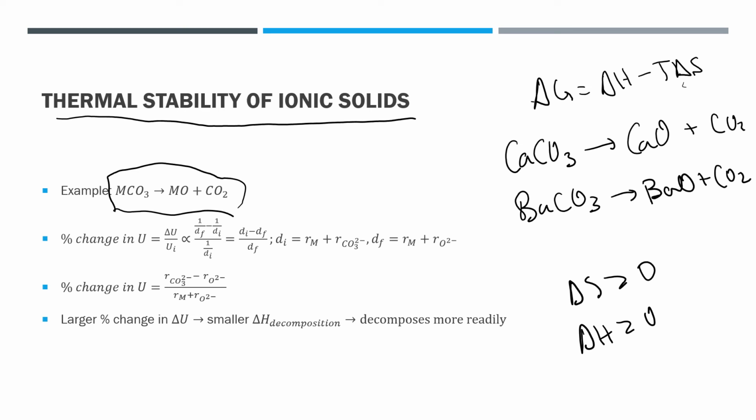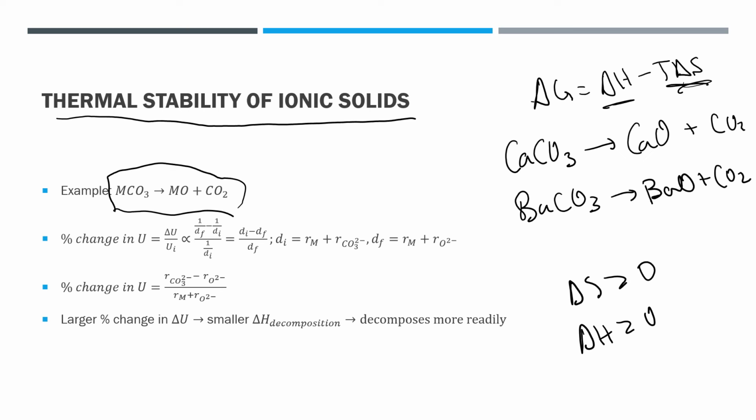So if we have delta S greater than 0, that's good. That makes delta G negative. But the smaller delta H is, the less positive delta H is, the more negative delta G will be, which means the more spontaneous the reaction will be. So we want to look at delta H changes.